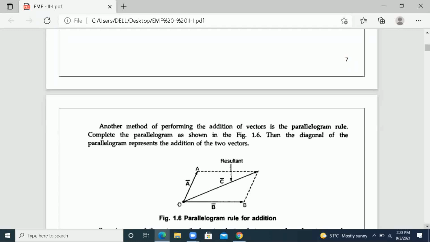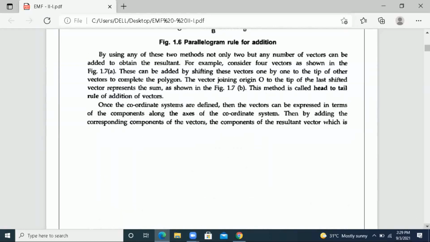So, vectors obey the commutative rule. You can add or subtract any amount of vectors.